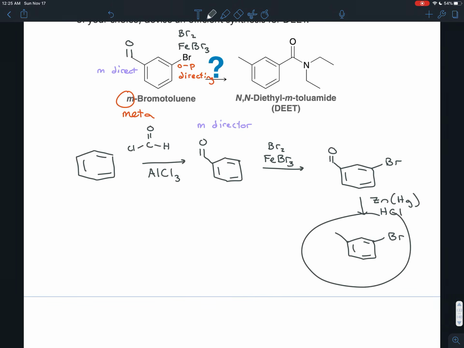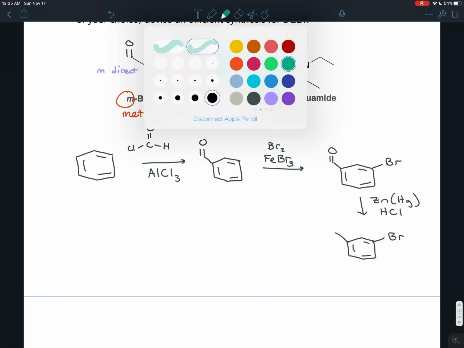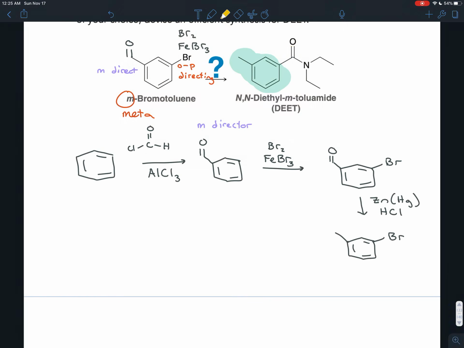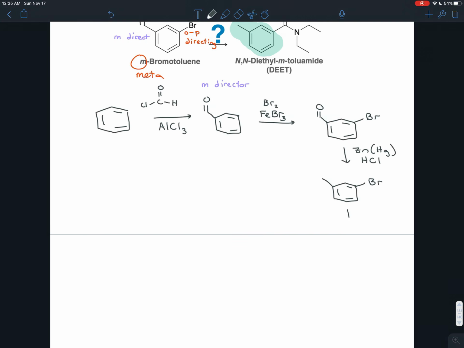Okay, well once we have this, how do we turn this into DEET, insect repellent? Notice that we already have this part of the molecule. What we need is this rest of it. Now the first thing we'll notice is we need to form a carbon-to-carbon bond. And we have a bromine. Well, bromine is strongly suggestive of a Grignard reagent.